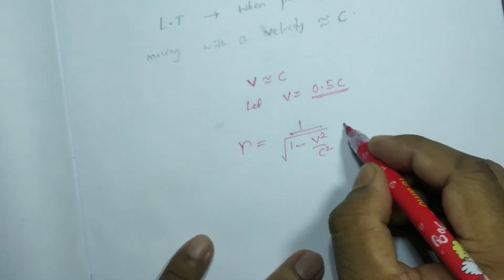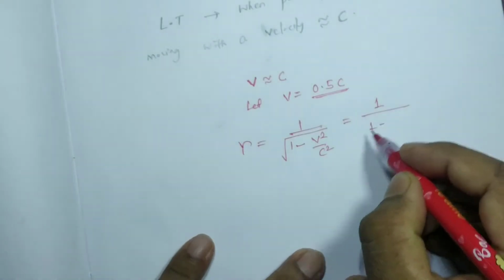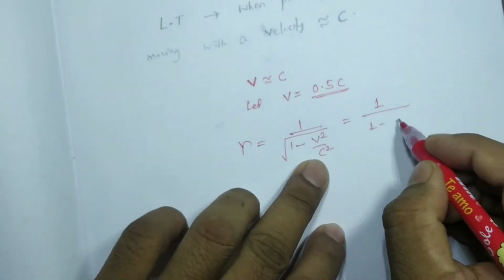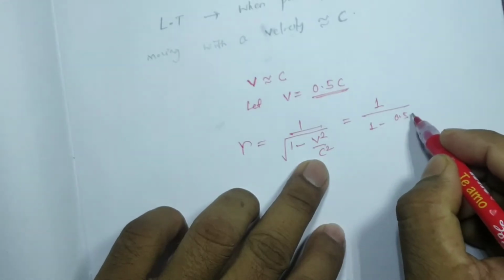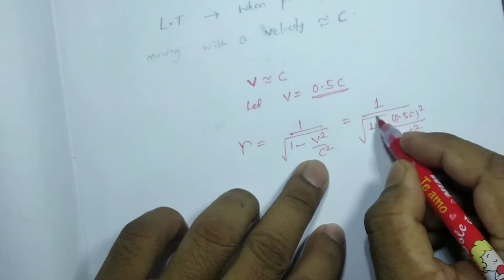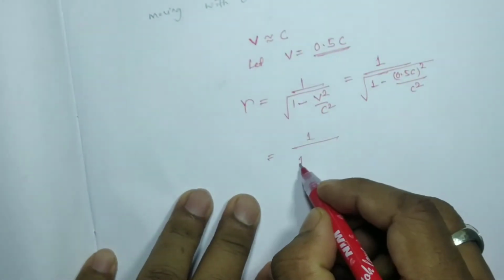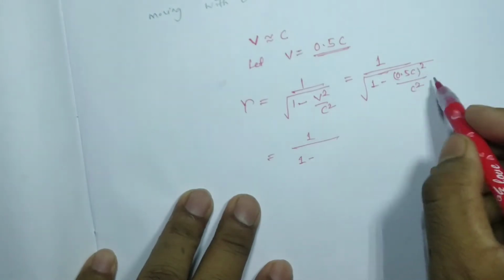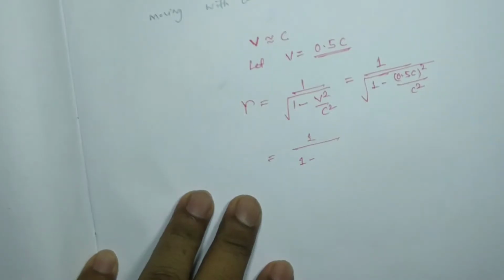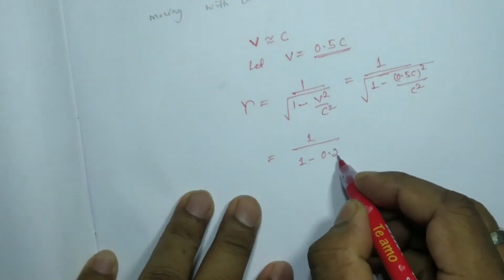So we have to put in the values. 1 by the square root of 1 minus, instead of v square I can write (0.5 c) square by c square. So it is equal to 1 by the square root of 1 minus, here c square will cancel, and 0.5 square is nothing but 0.25.